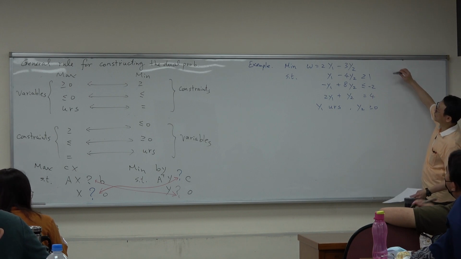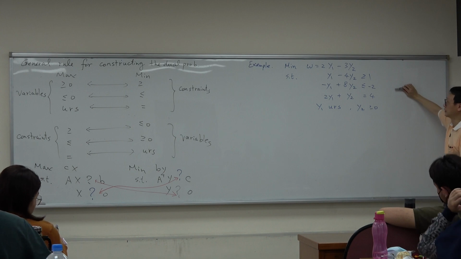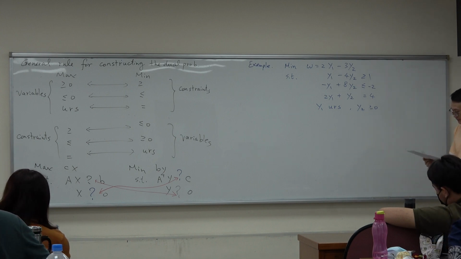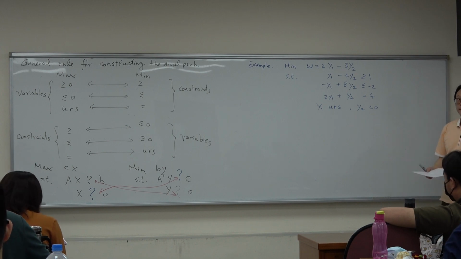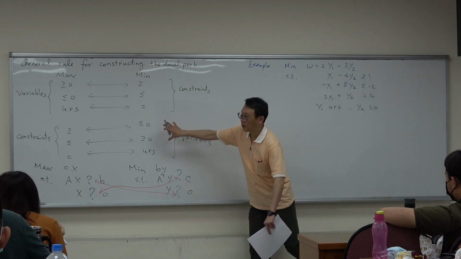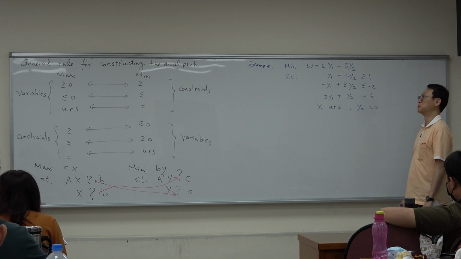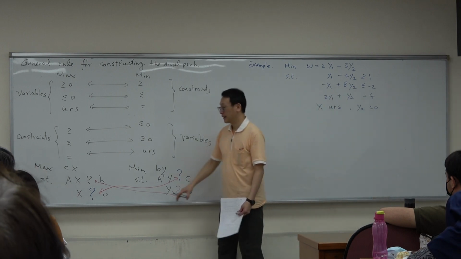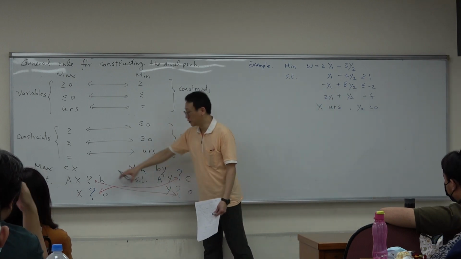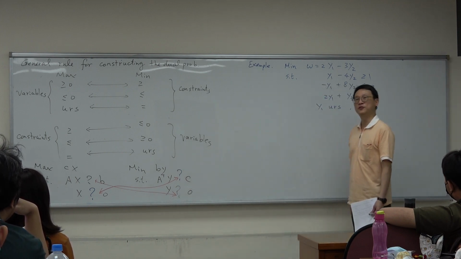And we have greater than or equal to 1, and less than or equal to minus 2, equals to 4. It means I want to construct this. Maybe I'm not sure of the sign of it, but I can just write down the coefficients first, or the right hand side first.